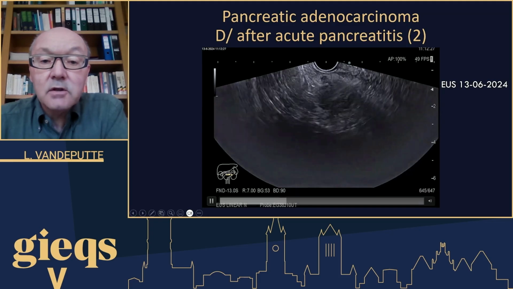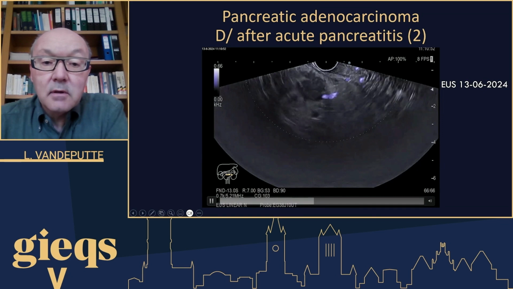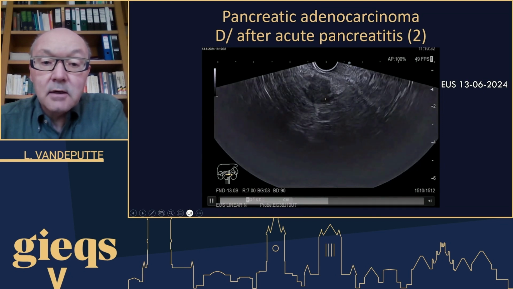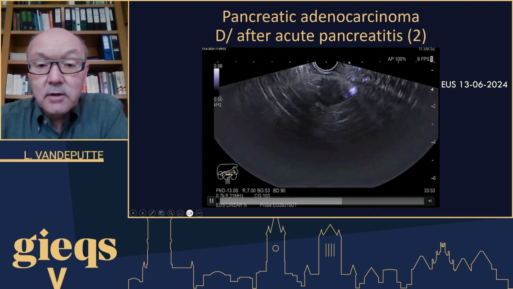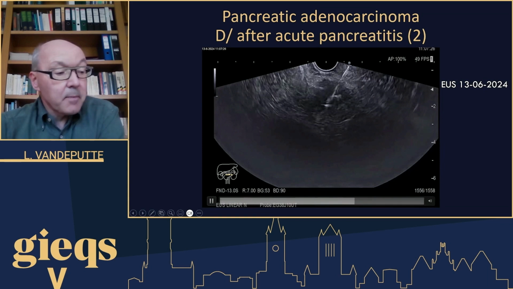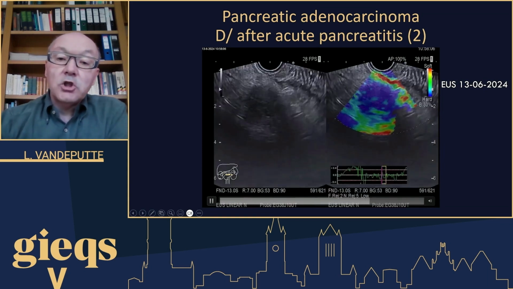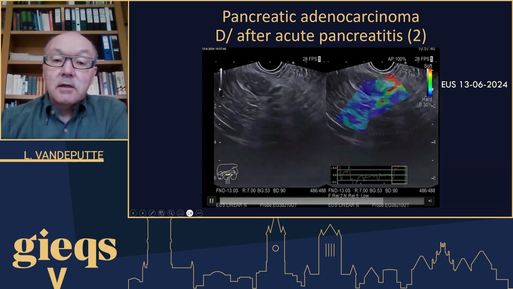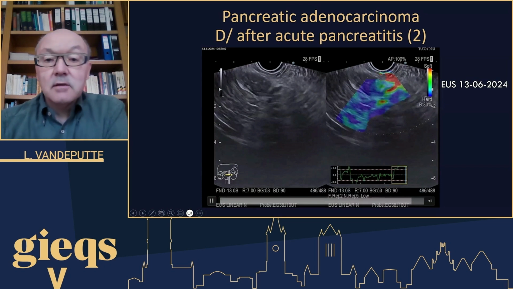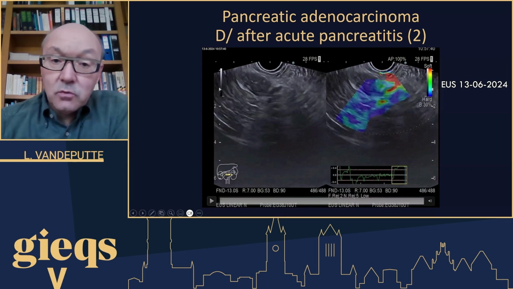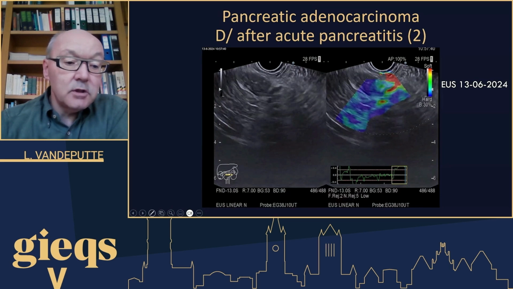Yes, and here you start to see this hyperechoic mass, really quite clear here, which we are puncturing and which on elastography is very blue, so suspicious of a hard lesion, which was a tumor.